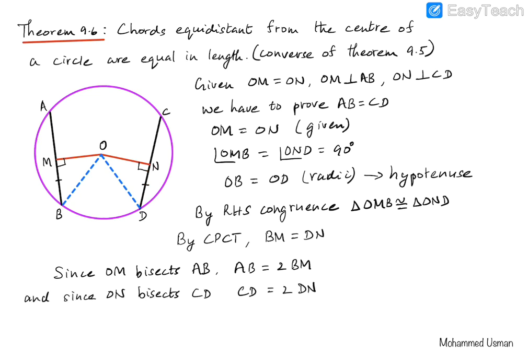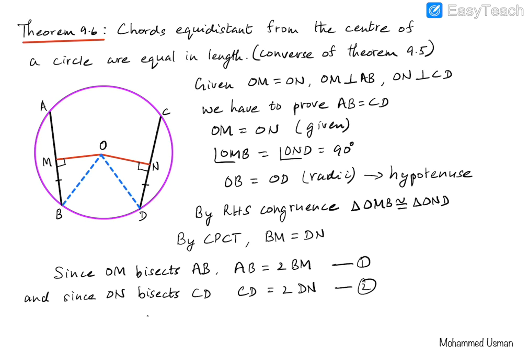So we now have these two expressions: the chord AB is 2 times BM and the chord CD is 2 times DN. Since BM is equal to DN, 2 times BM is also equal to 2 times DN.